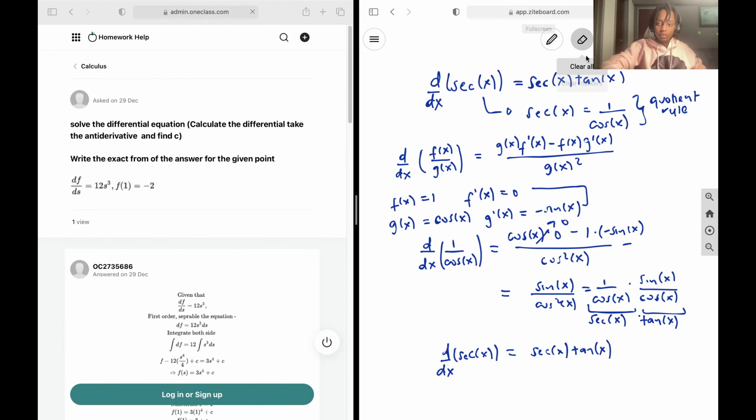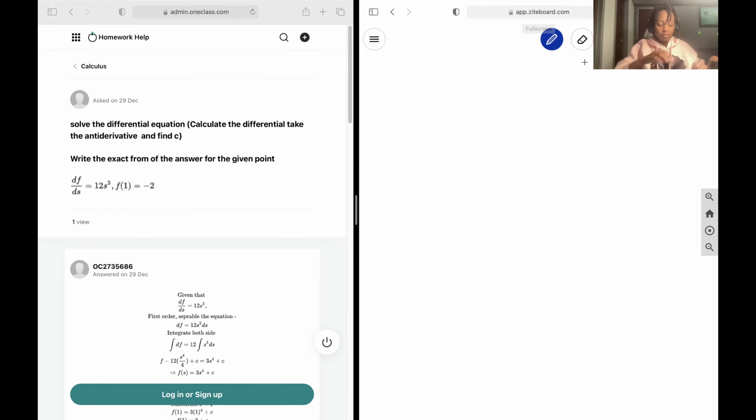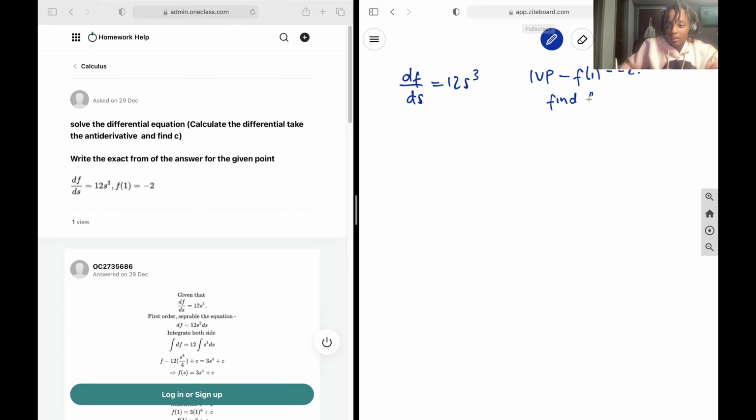Okay, on to our next question. We would like to solve the differential equation and find the exact answer, so not including c. If we have df over ds is equal to 12s cubed, and we have the initial value problem f of 1 is equal to negative 2, and now we want to find f of s.